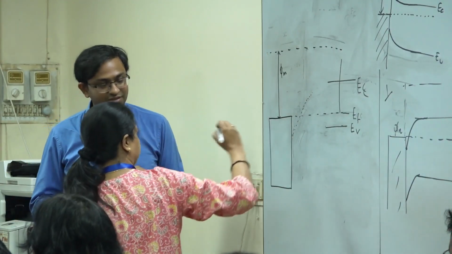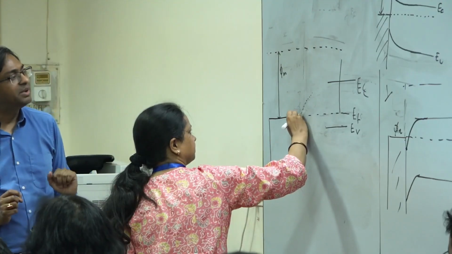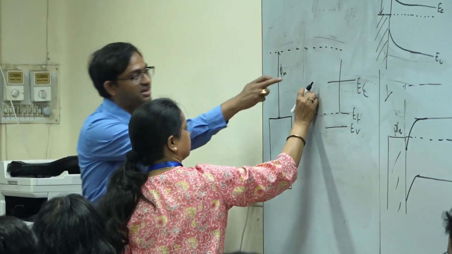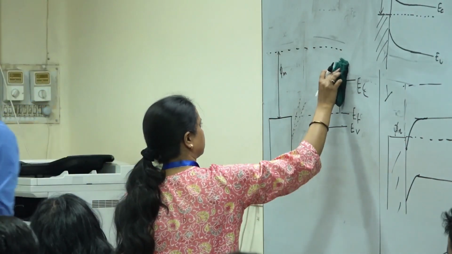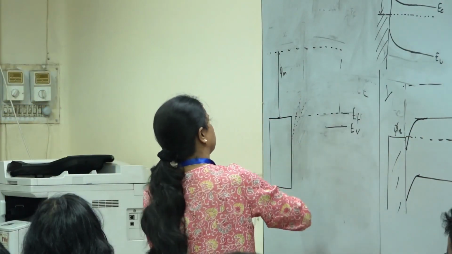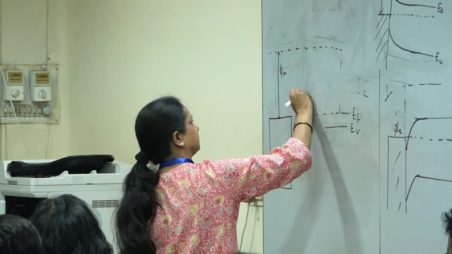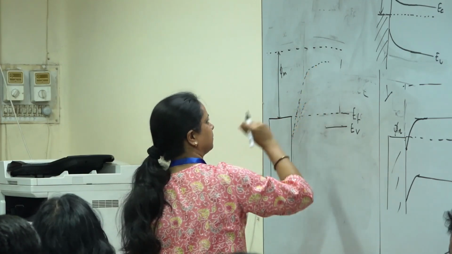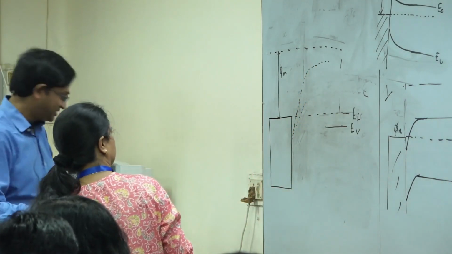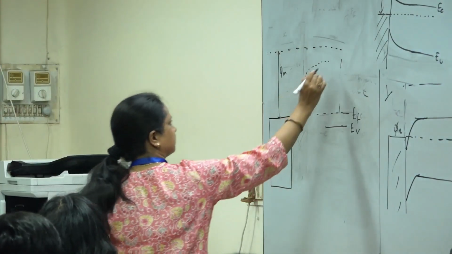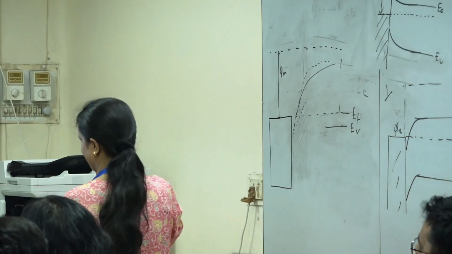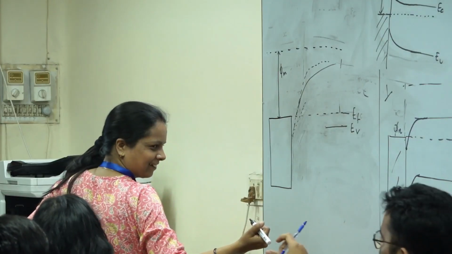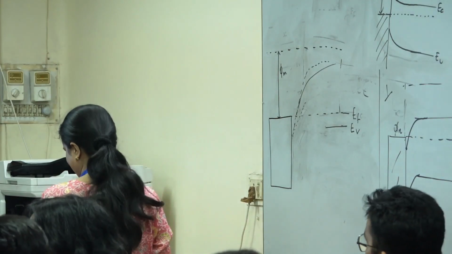Then it cannot bend like this, because your conduction band has to be somewhere here. It is not different than the first picture we have drawn. No, bending is not going to be in this direction. Somebody has to clear.